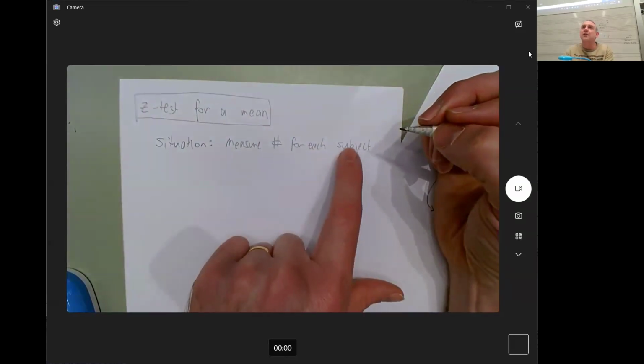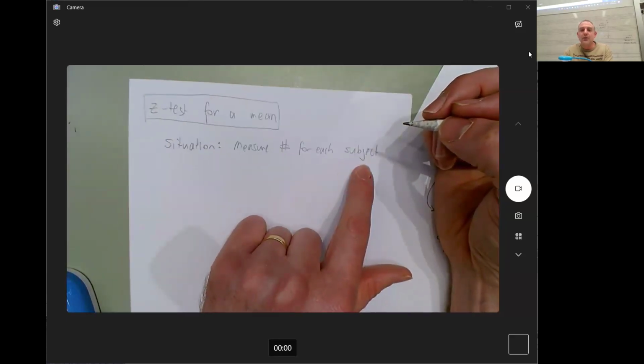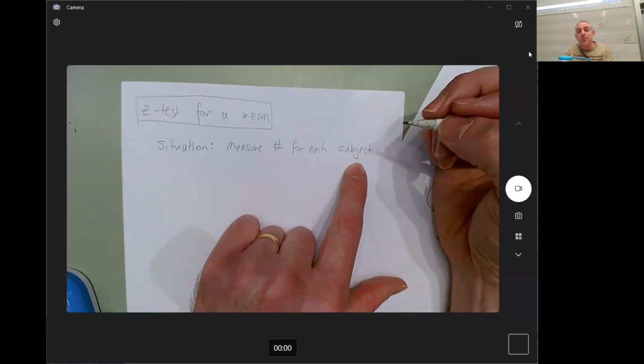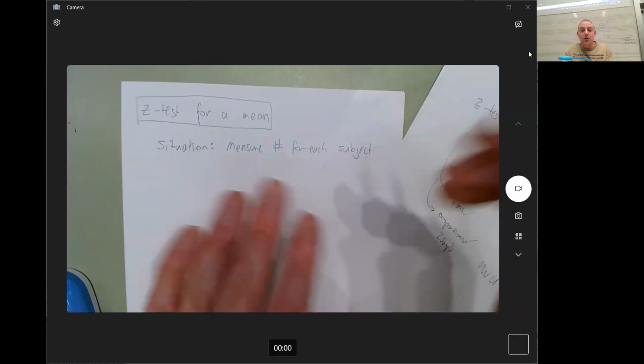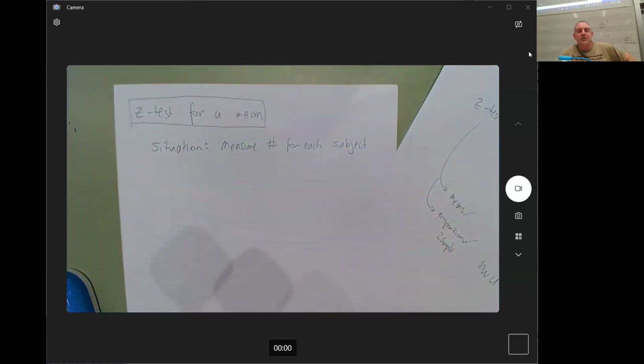Have they used the word subject in this context? What are the subjects of the experiment? Yeah. So the subjects are whatever you measure things on. And they could be people or petri dishes or animals or countries or whatever. So you measure a number for each subject. That is the context. And your yes or no question is: the mean of all of the numbers that could possibly be measured for all possible subjects ever, is the mean this number?